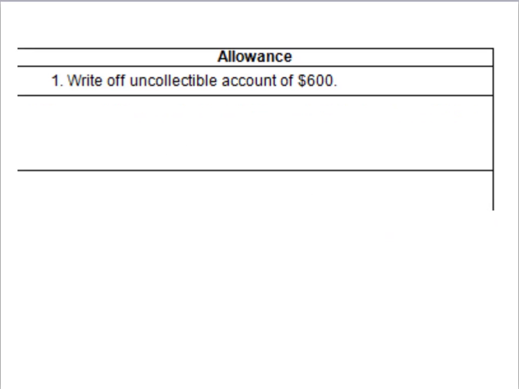Then year one starts, and here's your first uncollectible account of $600. How would you record that? Well, it's a bad receivable. Again, you've got to get it out in the trash can, $600. But instead of recording the bad debt expense, you knew the prior year it was coming, so you estimated that allowance. Now, on the rainy day, it's the time to use it.